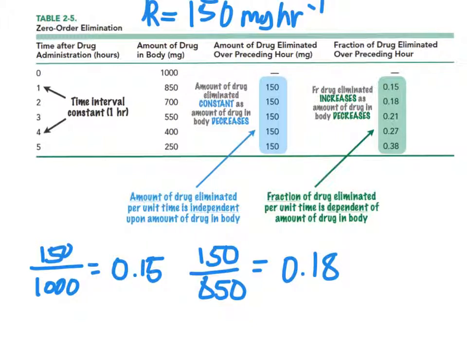As you look down the column, fraction of drug eliminated over the preceding hour, you can see that it does increase as the amount of drug that's present in the body, or just present in the case of drug degradation, decreases.